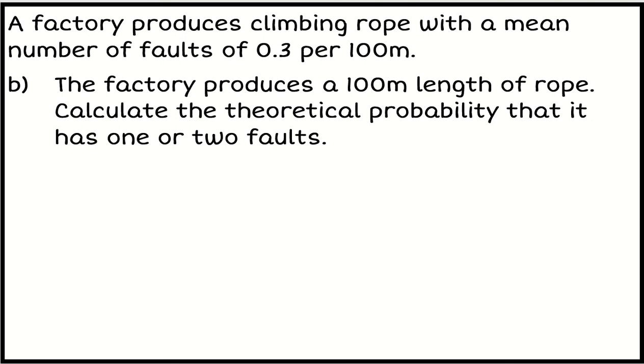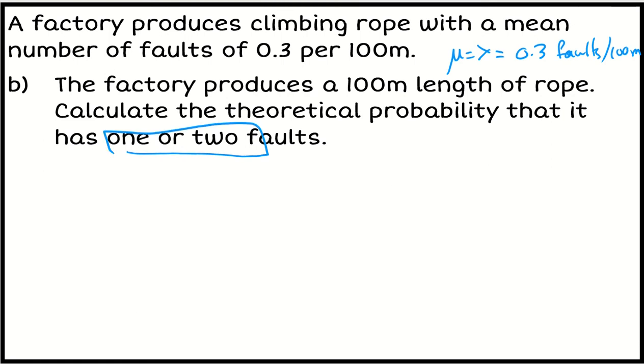Let's have a look at a second example. This has got the same mean rate, so we've got our mean rate of 0.3 faults per 100 metres. I want to know the probability that one length of rope has one or two faults.